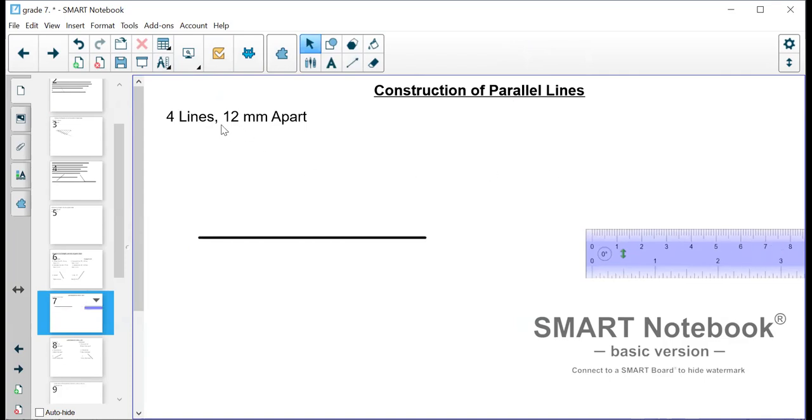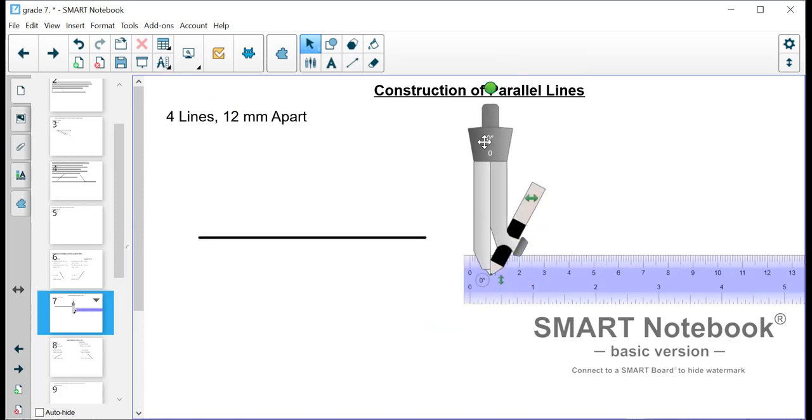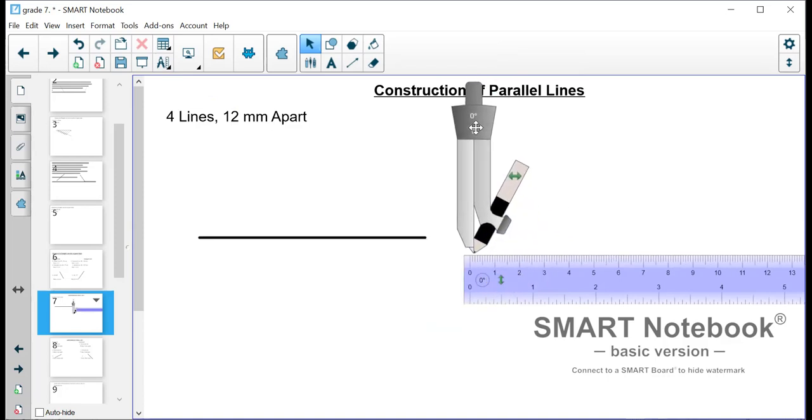Good. Now, seeing that we are drawing these parallel lines 12 mm apart, we would need to use a pair of compasses, and we open that pair of compasses to 12 mm. Now, when I say open to 12 mm, it means that you place the compasses point at zero, and you open the pencil point to 12.